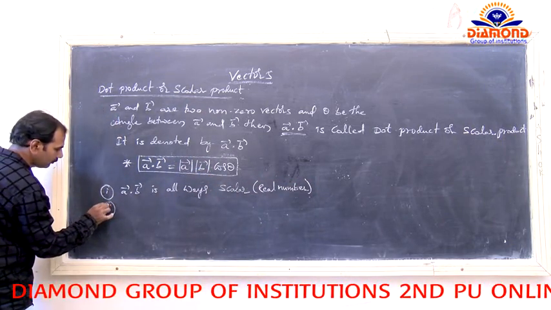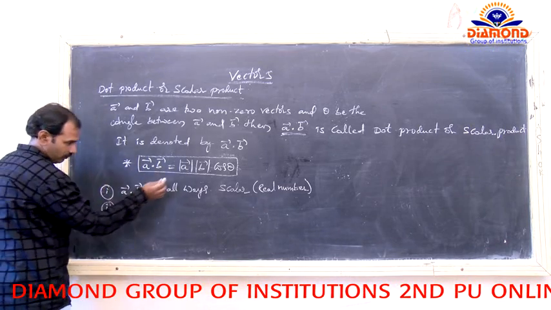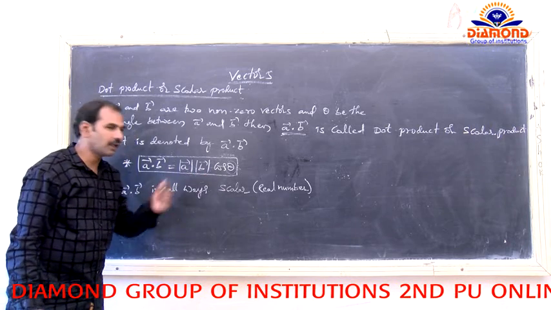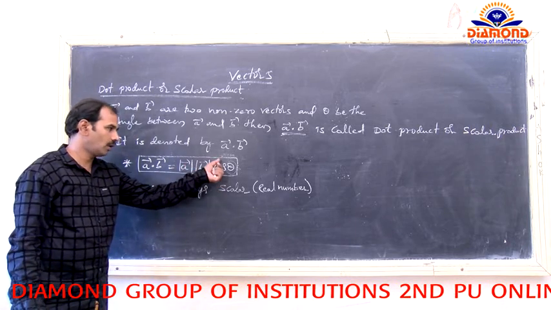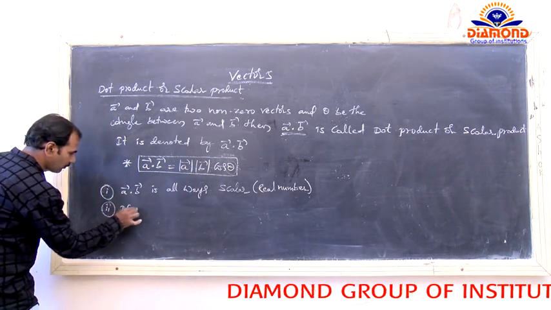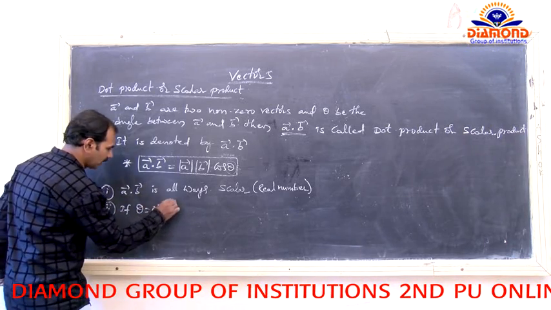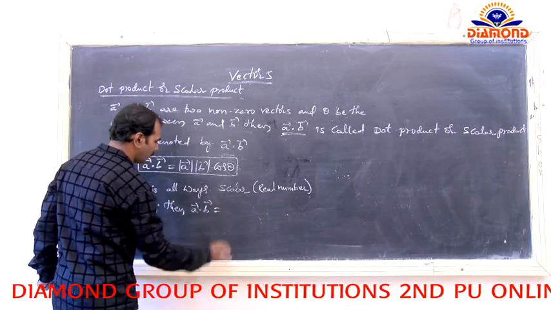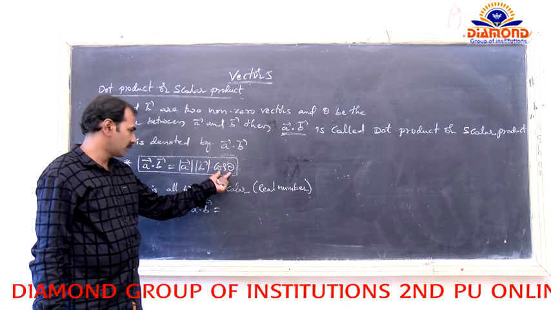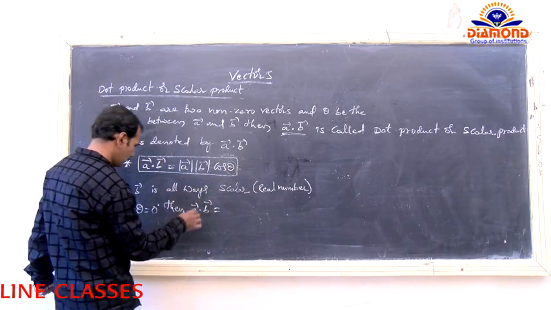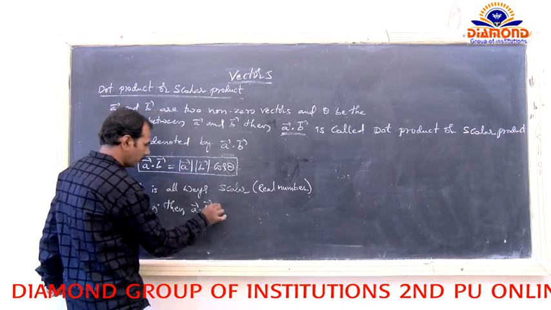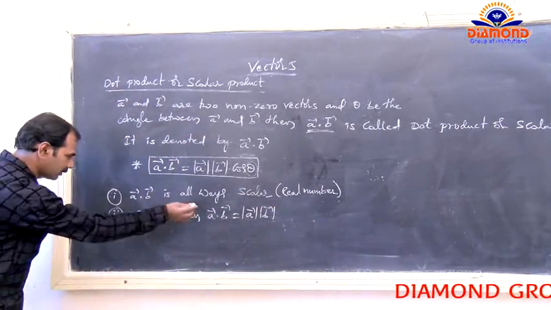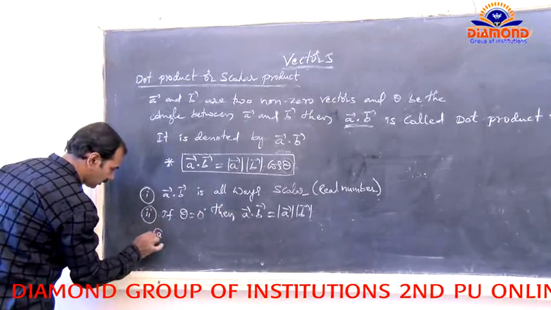Second, if theta equals 0 degrees, then A vector dot B vector equals magnitude of A, magnitude of B, because cos 0 value is 1. This is the formula.